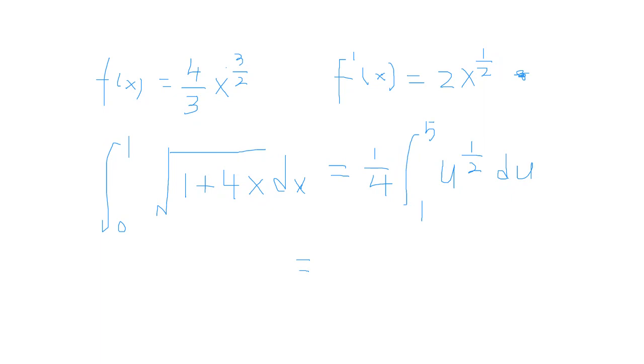Now anti-differentiate, so we got 1/4 times 2/3 u raised by 3/2. Actually, my answer is missing something, the 5, because this is 3/2. We want to evaluate from 1 to 5.